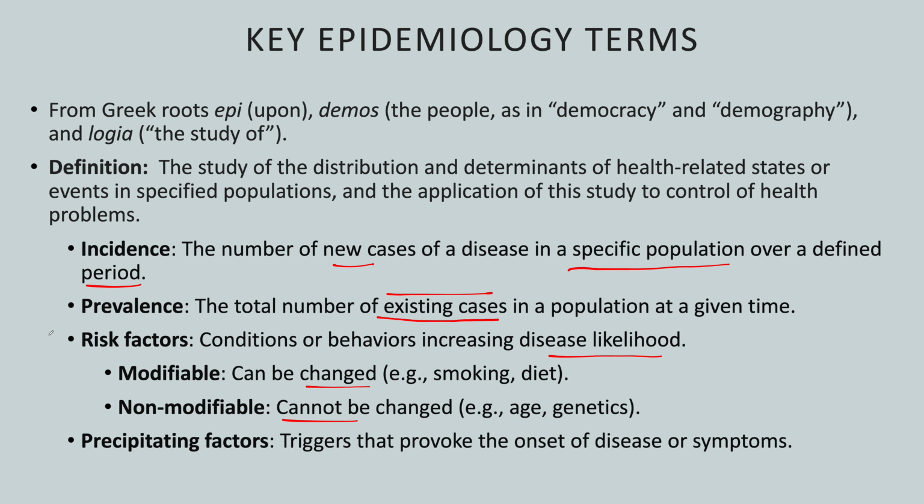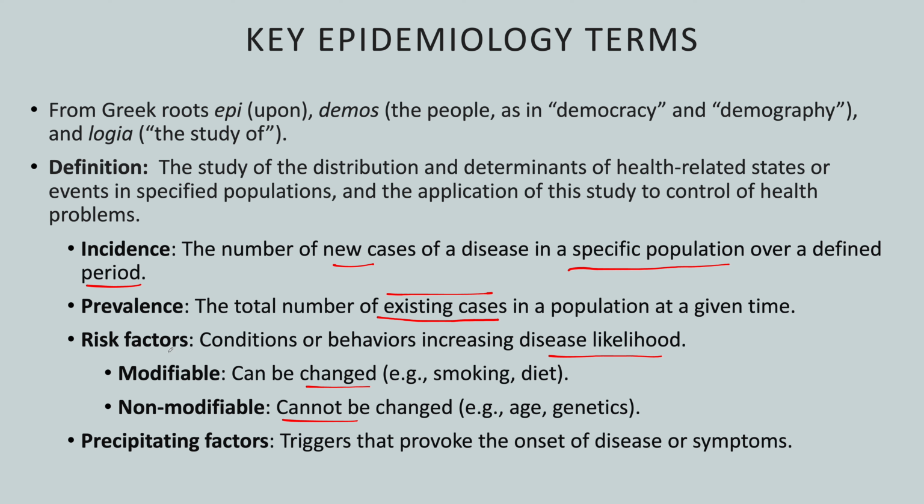And we shouldn't confuse risk factors with precipitating factors. Precipitating factors are those triggers that produce or provoke, accelerate the onset of a disease or symptoms. For example, someone has a myocardial infarction. What is a risk factor? There are many.